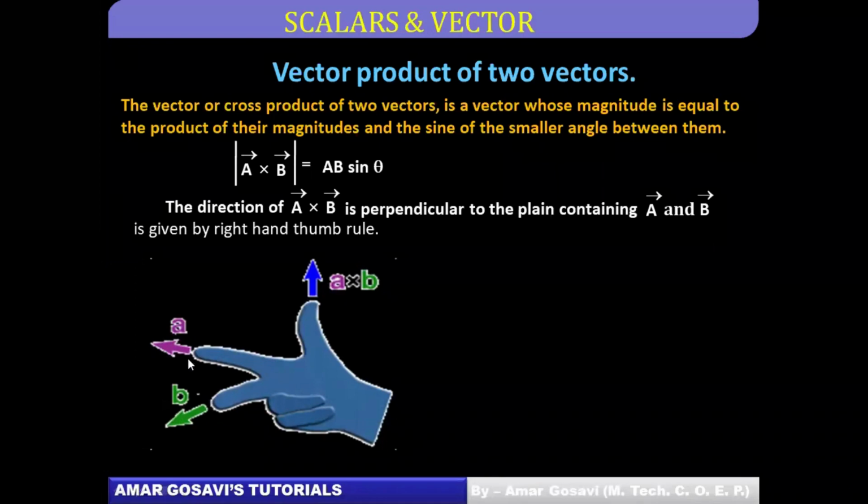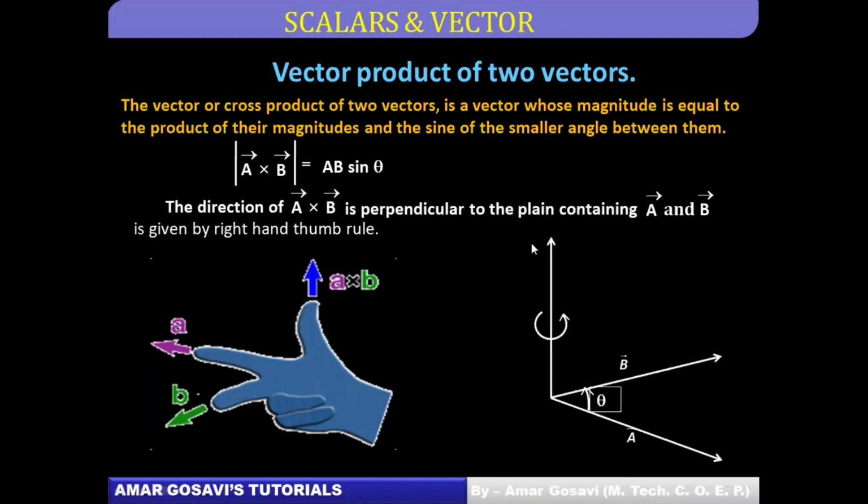So if I'm moving from a to b, that is a bar cross b bar, the direction of this cross product is given by the thumb, which is in the upward direction. The thumb is perpendicular to the plane containing a and b, the two vectors. The direction of the cross product will be in that sense.